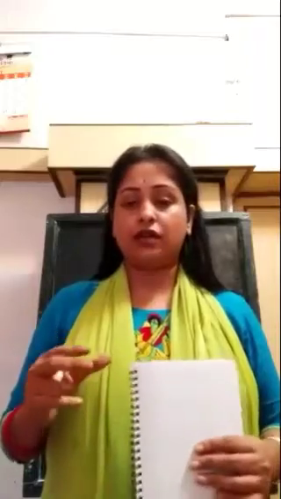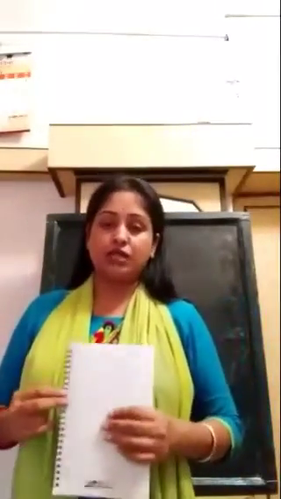Today in this class I am going to continue with the class 12 accountancy syllabus, cash flow statement. In my last class I explained that the cash flow statement consists of three parts: operating activities, investing activities and financing activities, and I also explained in brief what items are to be taken in these three activities.